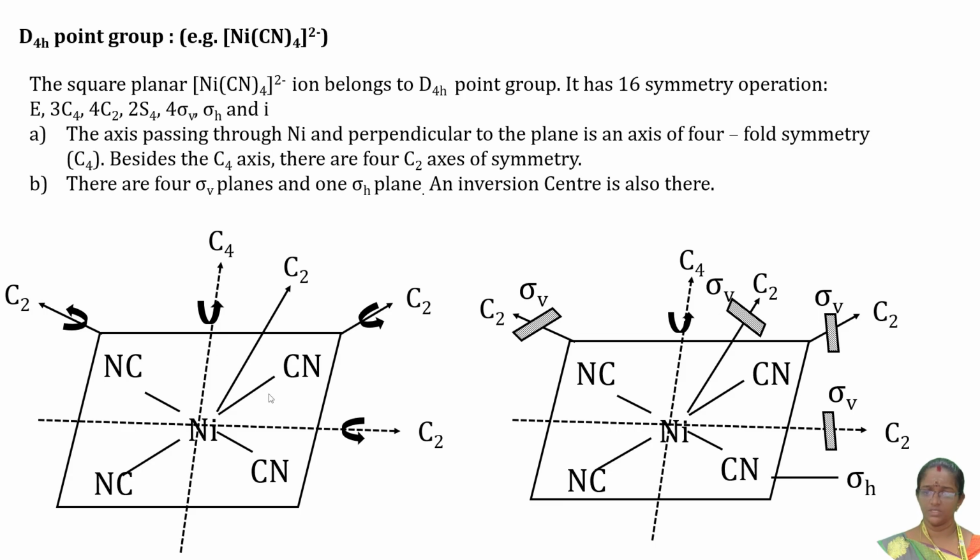The axis passing through nickel and perpendicular to the plane is an axis of fourfold symmetry, that is the C4 axis. Besides the C4 axis, there are 4 C2 axes of symmetry, and there are 4 sigma v planes and 1 sigma h plane. Here we have represented where the sigma v planes are located, and it will also have an inversion center because the order is even.